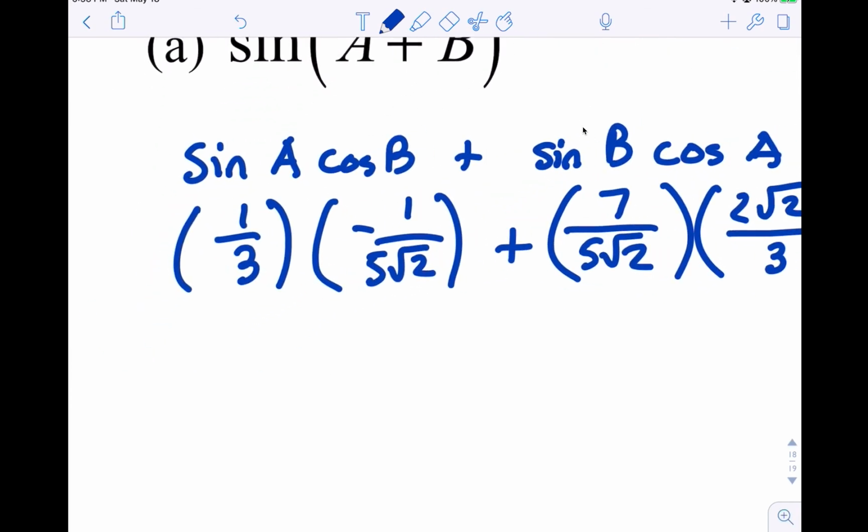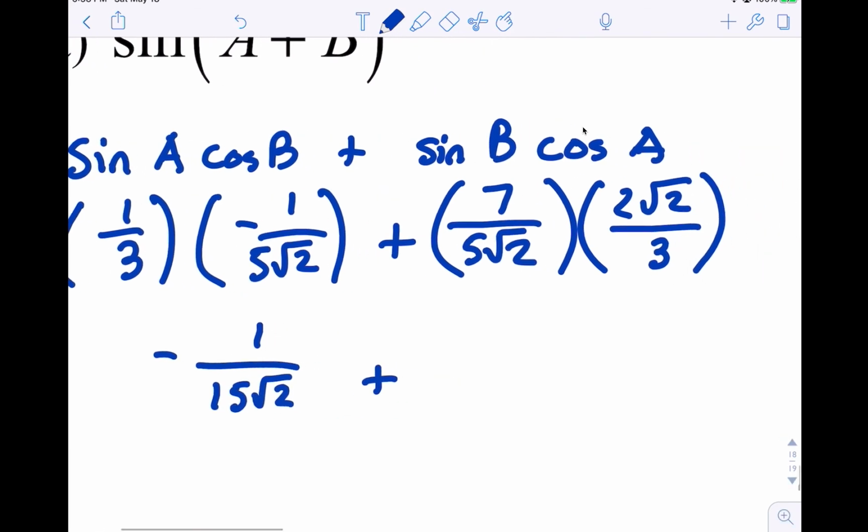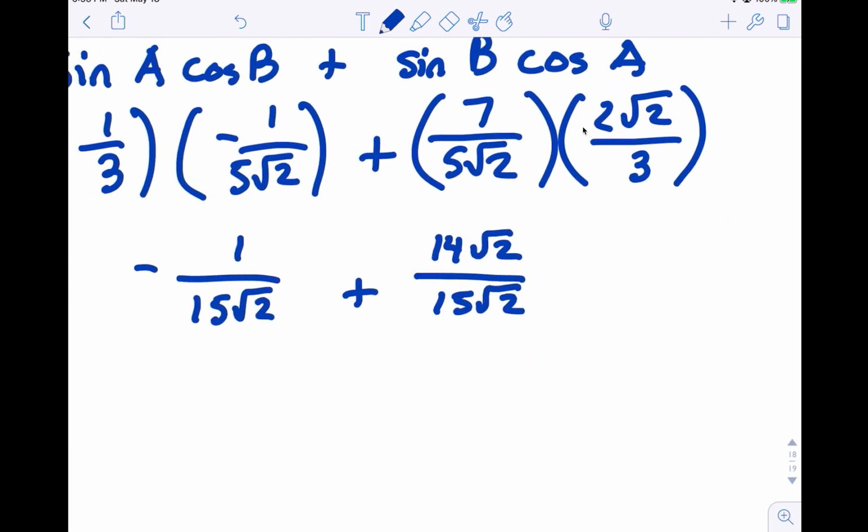Okay, so I got negative 1 over 15 root 2 plus I got 14 root 2 over 15 root 2. Alright, so this gives me 14 root 2 minus 1 over 15 root 2.